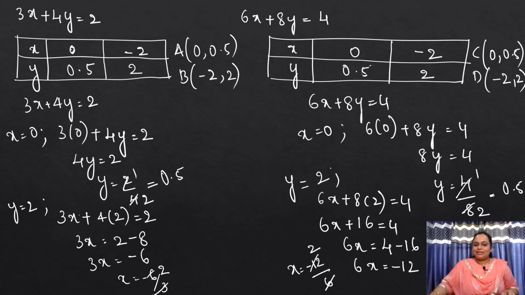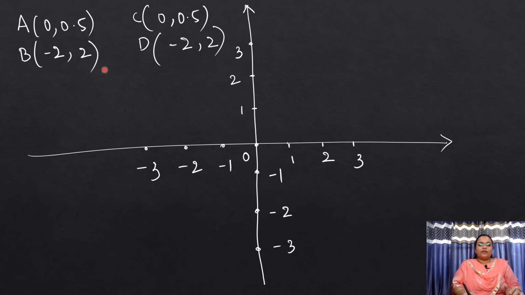Now let us plot it on a graph. So the first one is 0 and 0.5. So 0 on the x-axis and 0.5 on the y-axis, which is here, right? This one. Okay. This is the point A. And the next is minus 2 and 2.